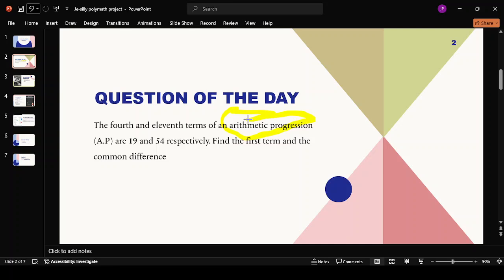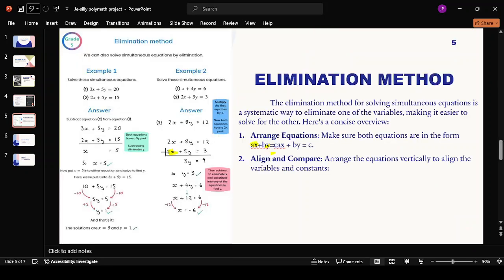You already know what that is about. About the elimination method, I think pretty much everything here has been explained, and there is no need for further ado.